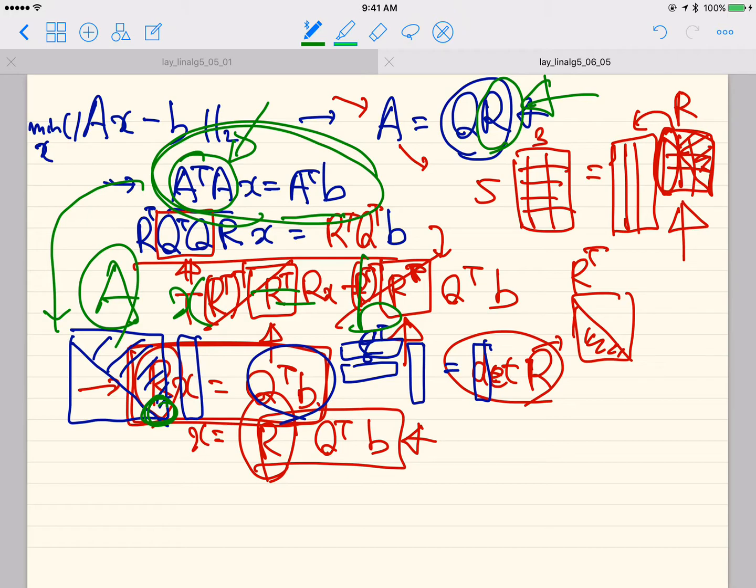It's not a full matrix, so it's easier to solve, but more difficult than just a diagonal matrix. So you have this kind of spectrum in terms of how difficult your normal equation is to solve.